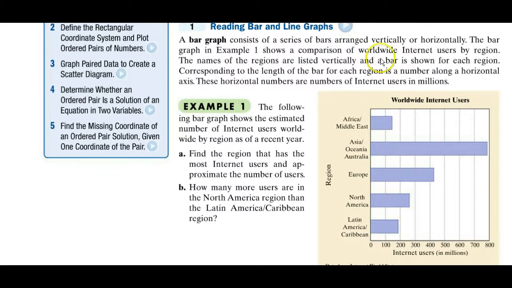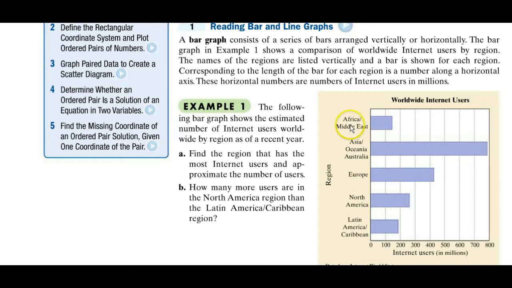Well, as you look at it, what jumps into your mind at first view? Well, internet users worldwide, the highest is Asia, Oceania, and Australia.